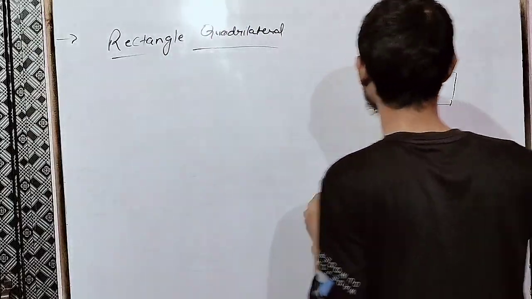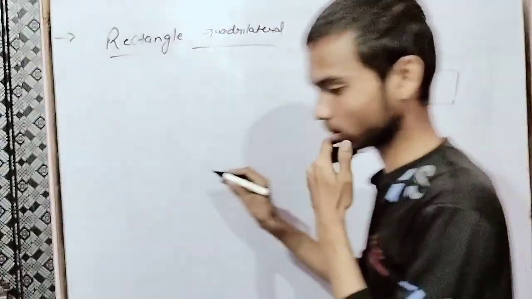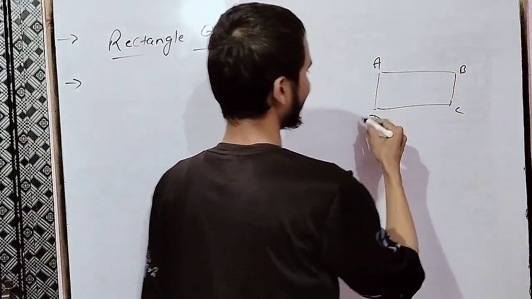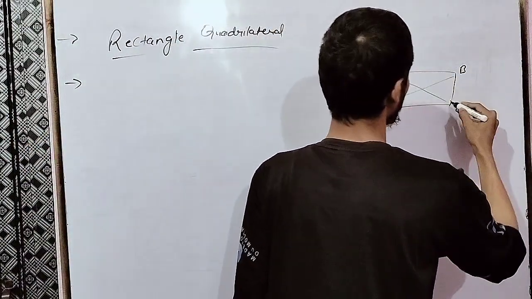Here we already know this is a parallelogram. You can see A, B, C, D. We have two diagonals.